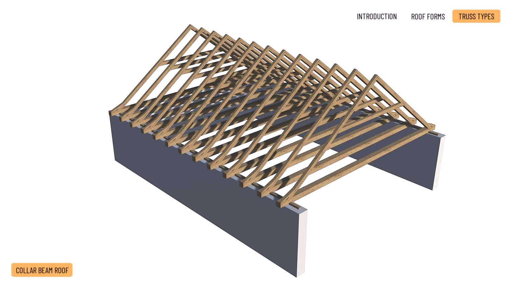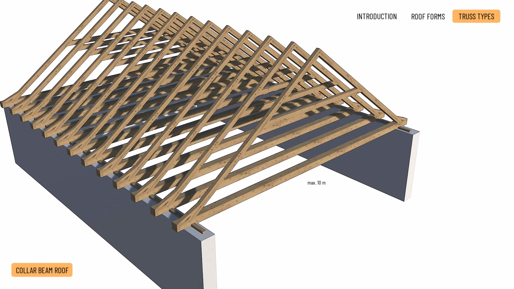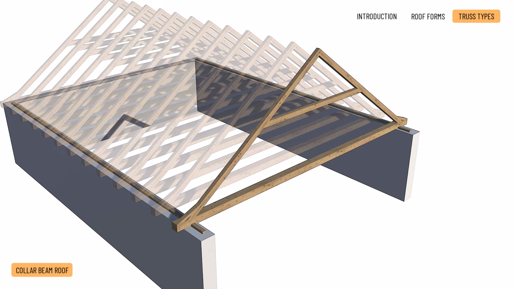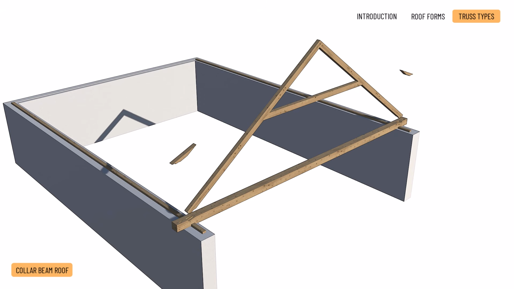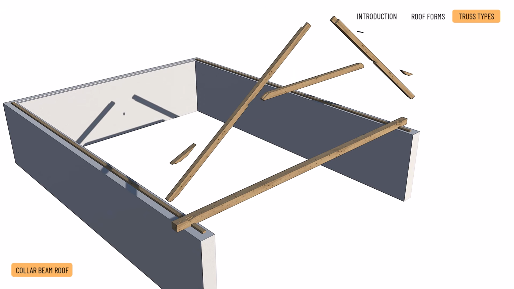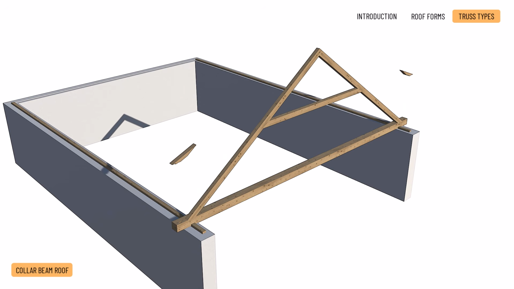Collar beam roof. The collar beam roof can be used for spans of up to approximately 10 meters. In this case, a horizontal compressed rod, known as the collar beam, is installed between the rafter pairs, acting as an intermediate support to prevent the rafters from sagging. The recommended maximum length of this is 4 meters. Traditionally, the typical design used was a sailed mortised housing joint or a dovetail lap joint. The major disadvantage of these solutions is that they weaken the rafters precisely at the point of greatest bending stress.